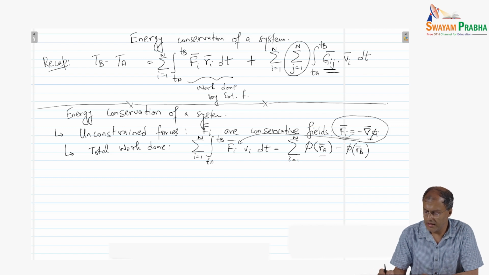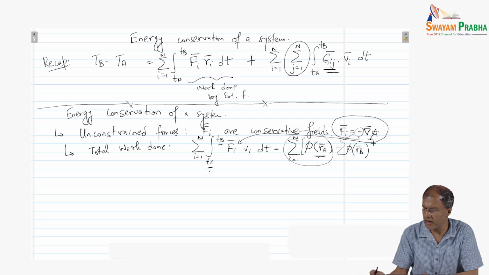Notice that the original integration was from time point A to time point B, but we have the final form to be phi at Ra minus phi at Rb, and that is because we have a minus sign in front of this potential function, this gradient of potential. So then we can sum these potentials individually.